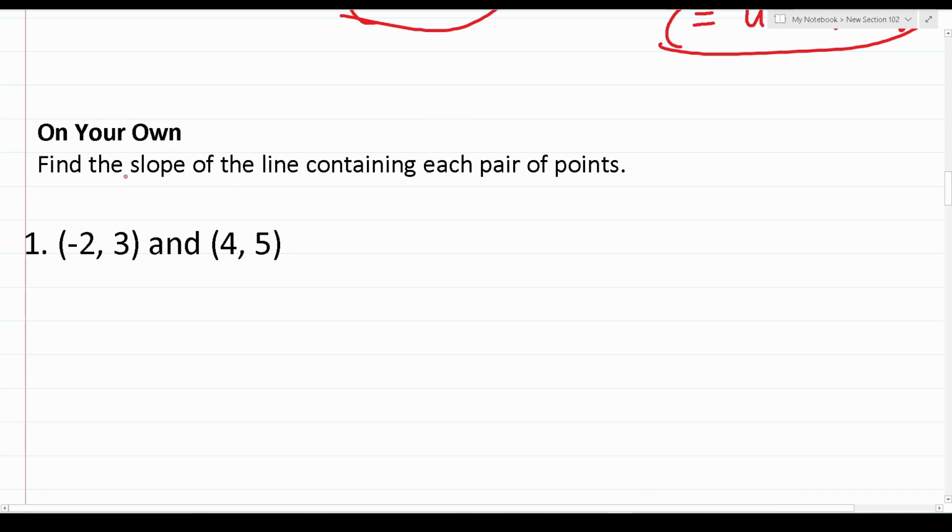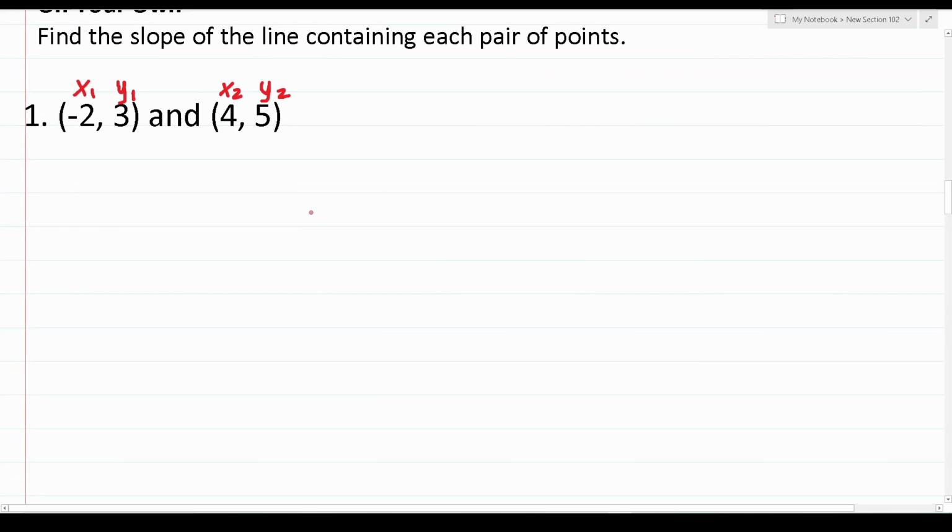Again, I'm going to start by labeling those accordingly. I know negative 2 is my x1, and 3 is my y1. I know 4 is my x2, and 5 is my y2. And of course, I'm going to be plugging the values of each of those into the slope formula, which is m equals y2 minus y1 over x2 minus x1.